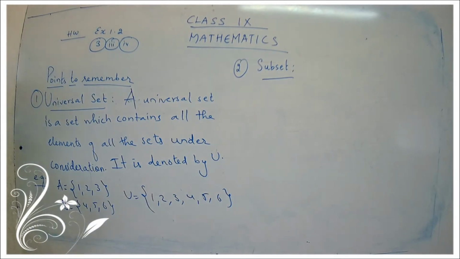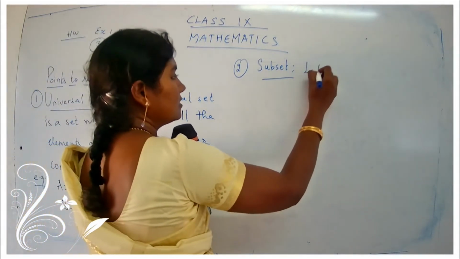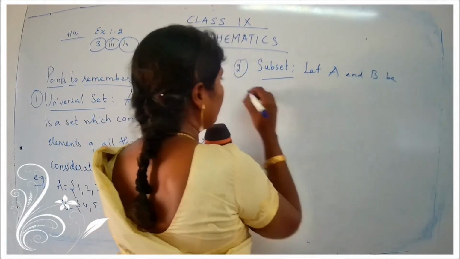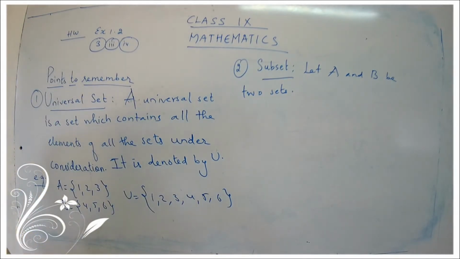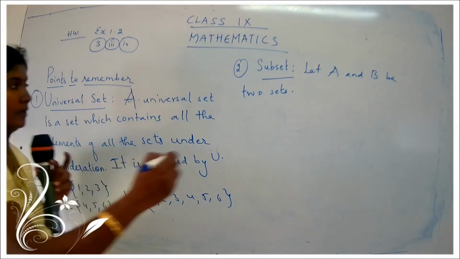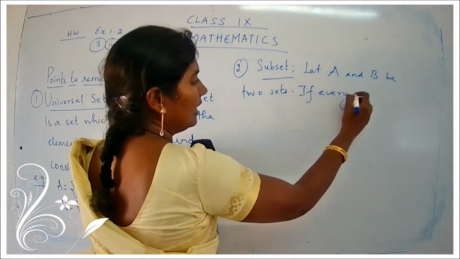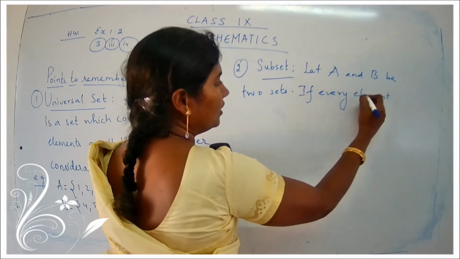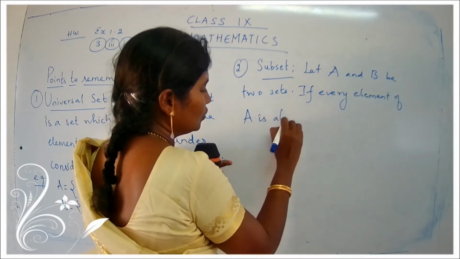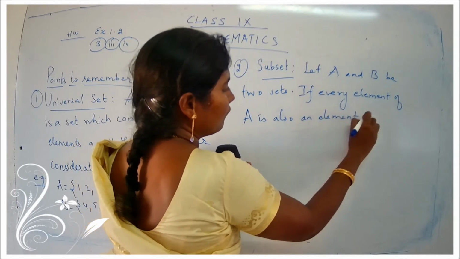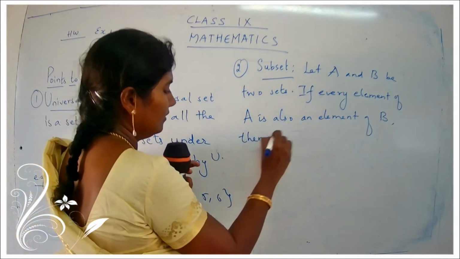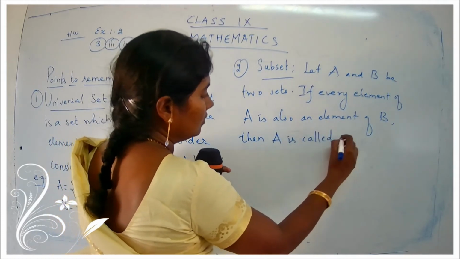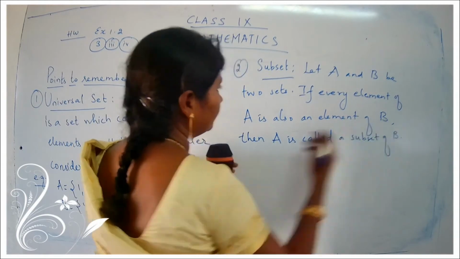Let A and B be 2 sets. If every element of A is also an element of B, then A is called a subset of B. Okay, what is subset?